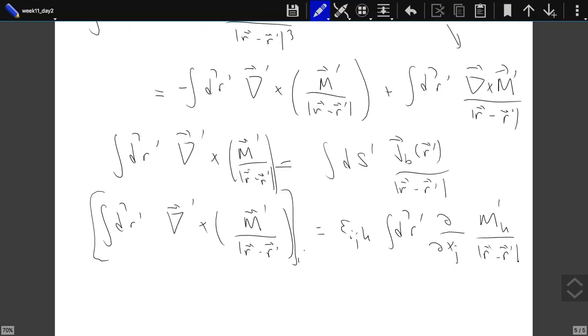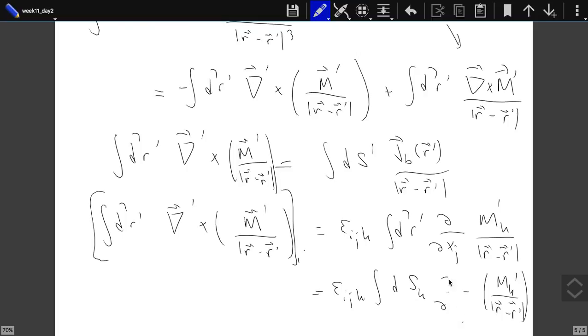Well, this is the integral of a derivative, so we can just write it as epsilon i j k, dS k of... sk is our area vector, the component of the area vector perpendicular to the k direction. Sorry, not the k direction, but the j direction.